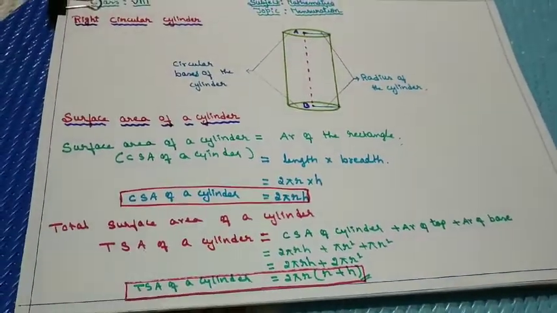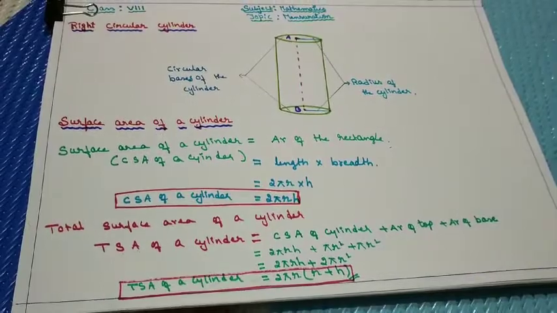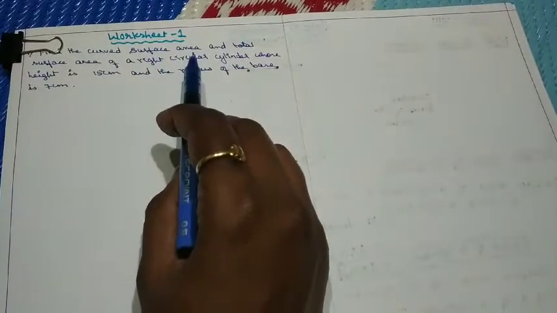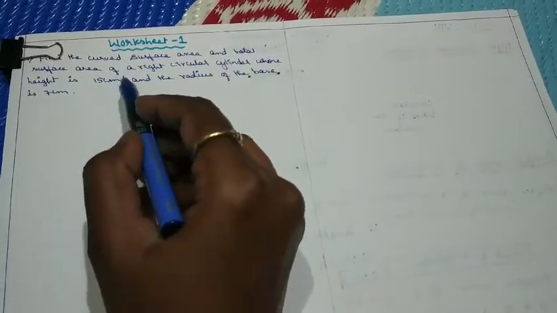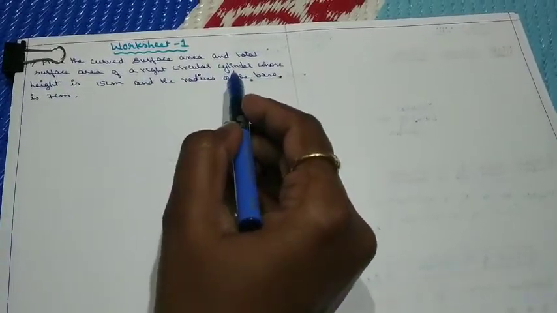Now let us solve a worksheet based on this. First question: find the curved surface area, that is CSA, and total surface area of a right circular cylinder.